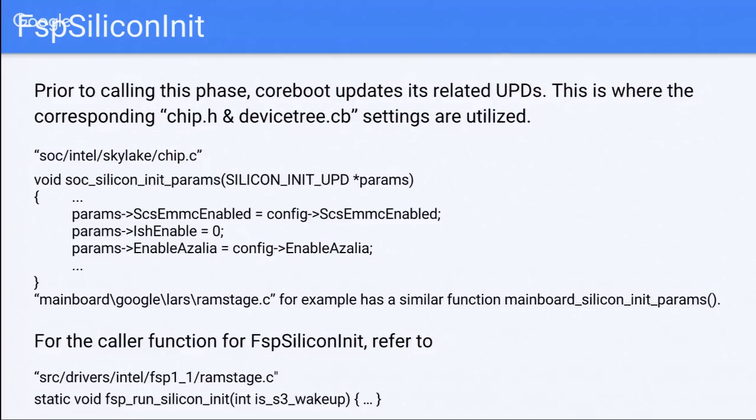So if you find the configuration you need in the UPD list, perfect. What you do is add to chip.h, configure that in device tree, and add specific lines into respective functions, depending on what phase that UPD belongs to. That's the ideal case. If you don't find the configuration option that's provided by FSP, you want to send a request to Intel, ask for adding.